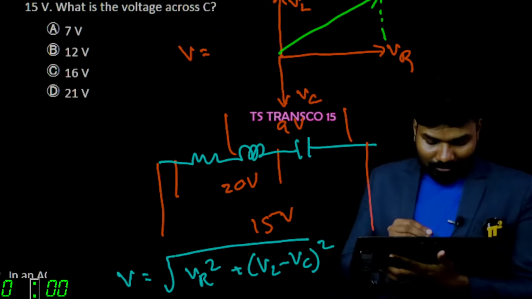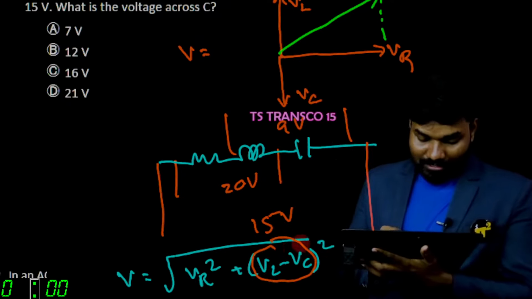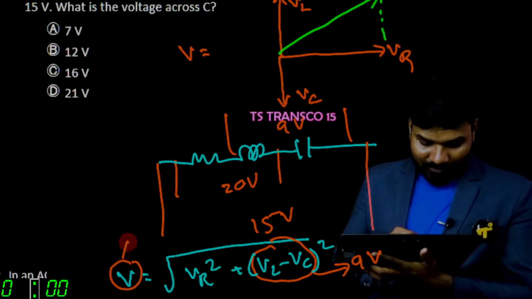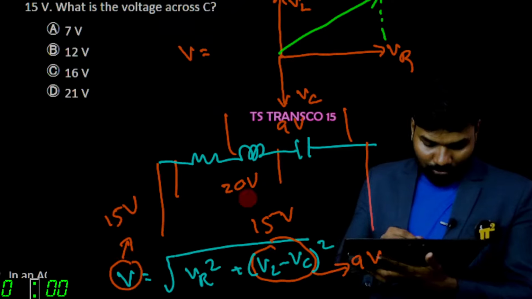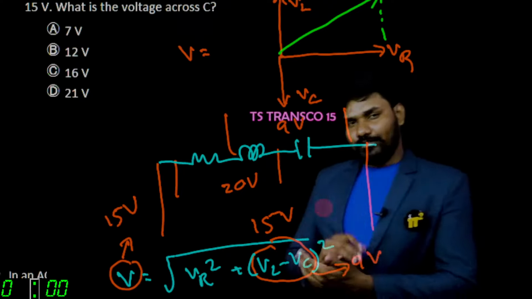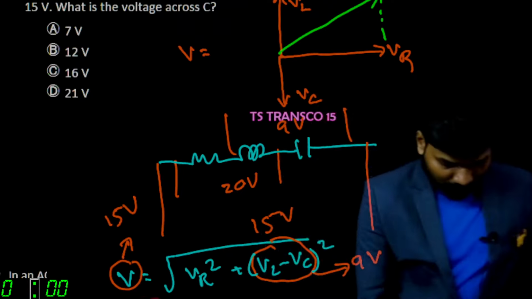Now this number is given to you, which is 9 volts, and this number is 15 volts. Now you can find out what is VR with this.